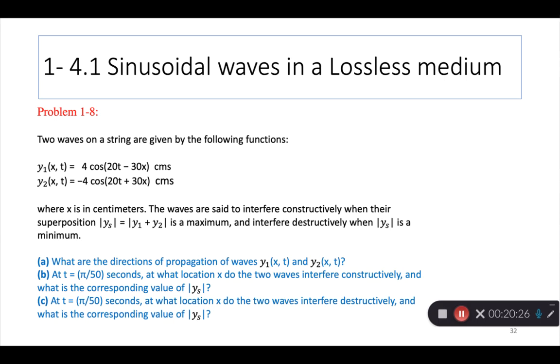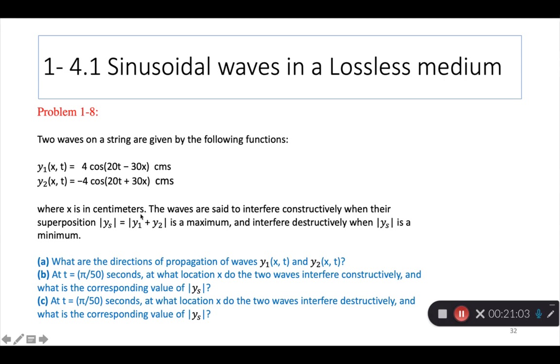All right. Next, we'll look at a problem from the back of the chapter. For this we have to go to my PDF, and I'll open that in a second. But let's see what the problem is. The problem gives us two waveforms on a string. One of them is y1, one of them is y2, and they are shown one with a plus and one with a minus, and even there's a sign difference in the middle for their coefficients.